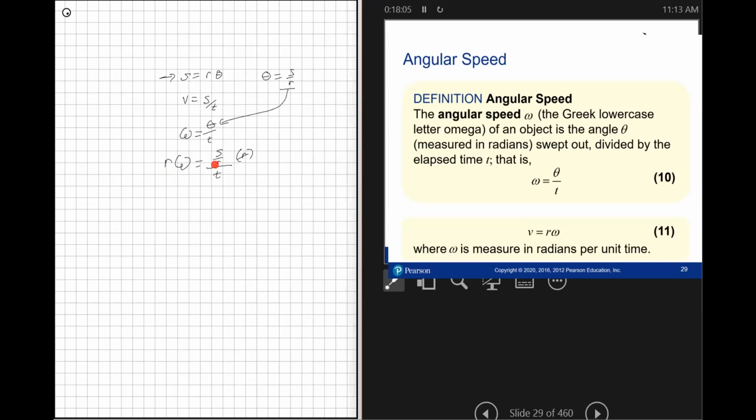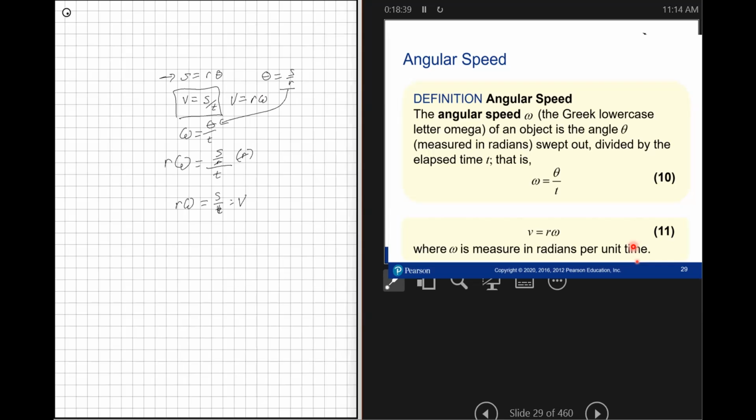So these two r's will go to 1, and this leaves me r theta equals s over t, and s over t equals the velocity, right? So that's where they come up with this formula down here, that the velocity can also equal the radius times the angular speed.